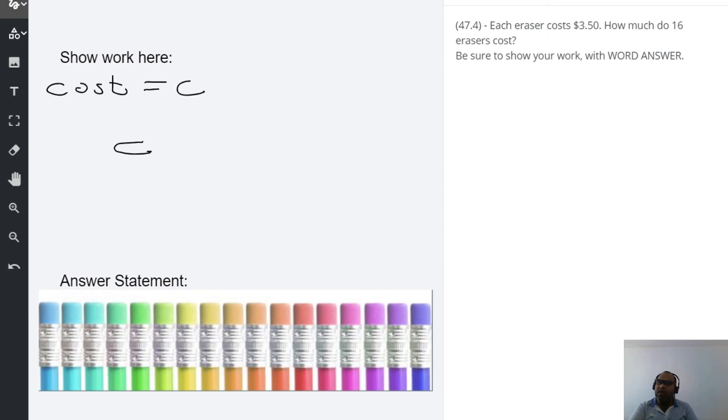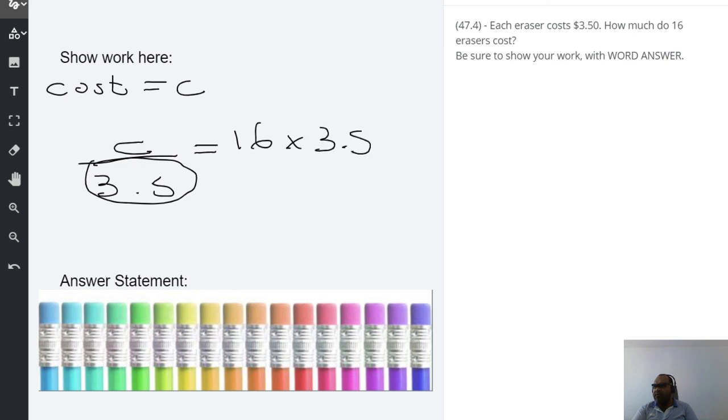I'm looking for the quantity, the value of this one. How do I know? I can solve like that. C divided by 3.5. That's the thing here. I have 16 erasers. Pretty easy, yes? What's the math operation type here? Dividing by 3.5. The opposite, it is multiplying 3.5.